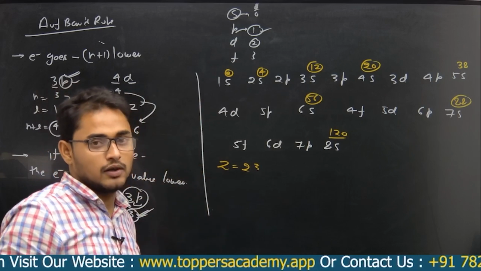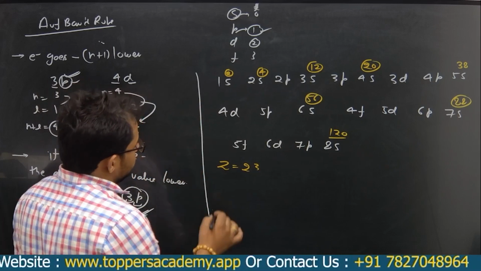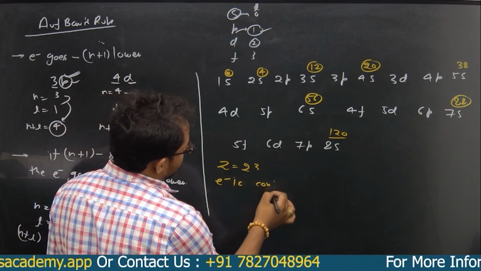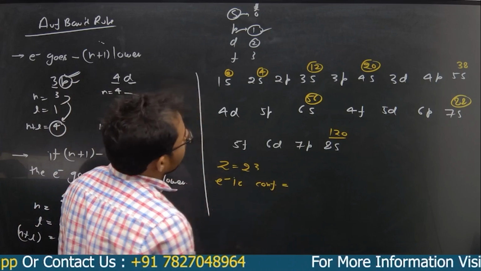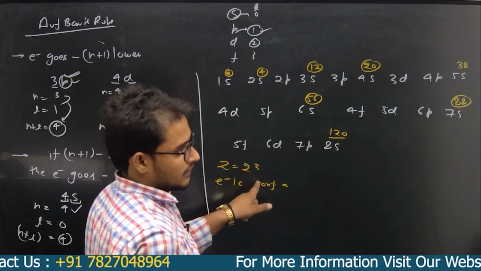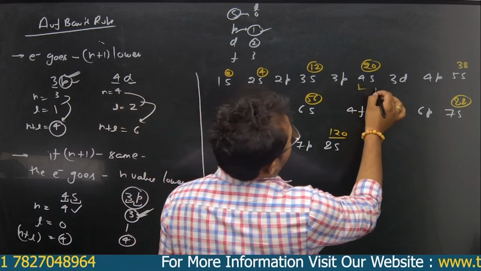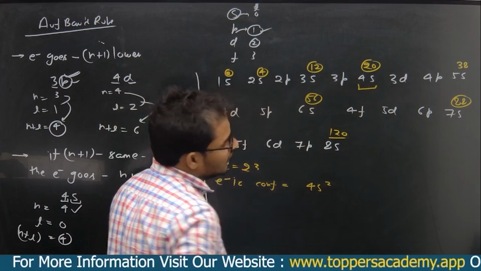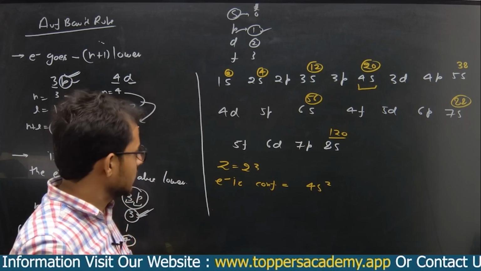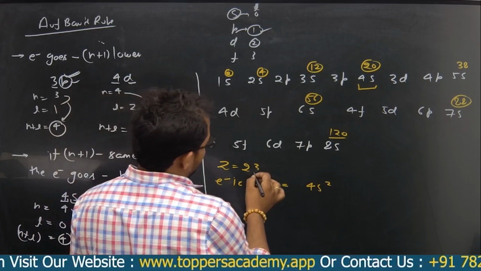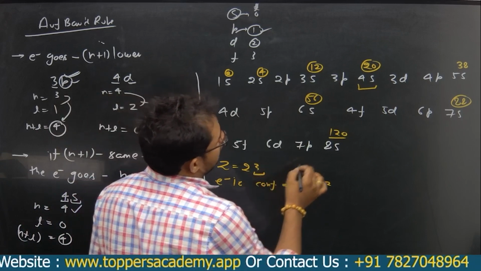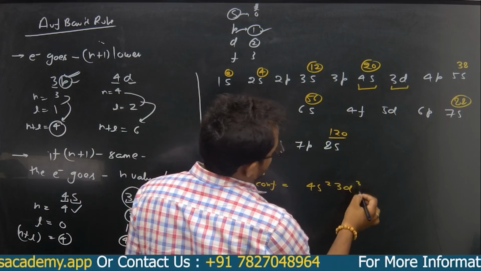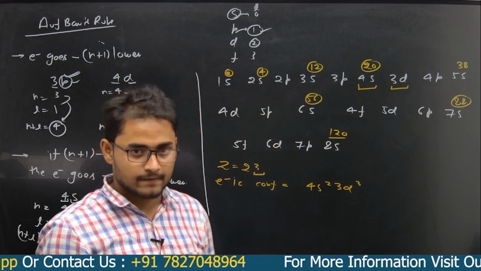So see, 20 electrons have been filled till 4s2, right? Now there are 3 electrons left, and these 3 electrons will enter 3d. Okay.